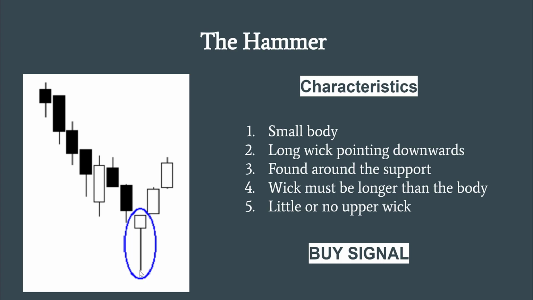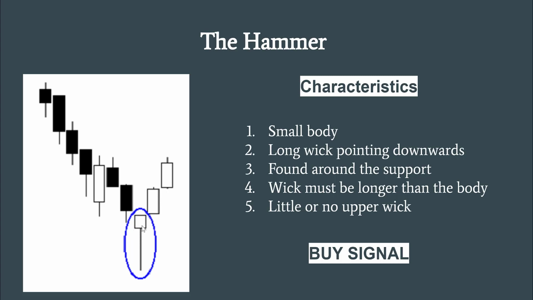But what happened? We discovered that at a particular time, the buyers came in. The buyers came in and they took over from the sellers, and they pushed the price upward. And at the close of this session, the buyers closed stronger than the sellers. Okay, and we can see that there's a continuation. In the next trading session, the buyers are in the market to take the price up.